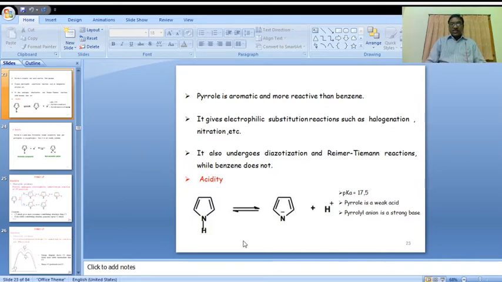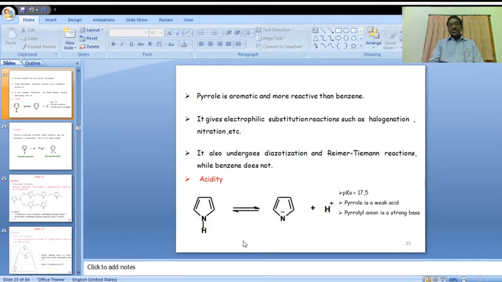The acidic character of pyrrole we can also explain with another reaction. Pyrrole on reaction with a strong base like potassium hydroxide forms a salt and water.